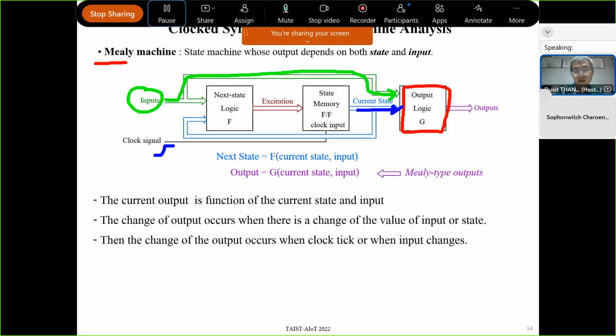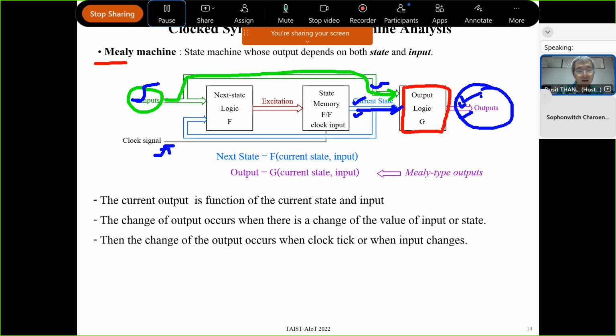That means when the clock ticks, the flip-flop changes the value, and circuit G produces the new value. And the output may also change when this input changes. When the input changes, the output may change.